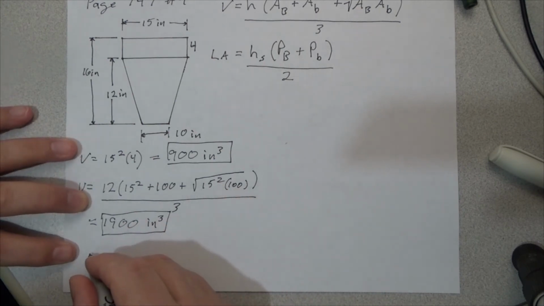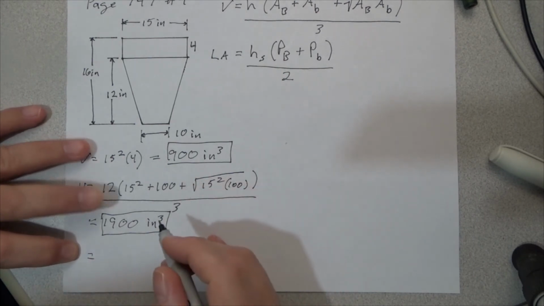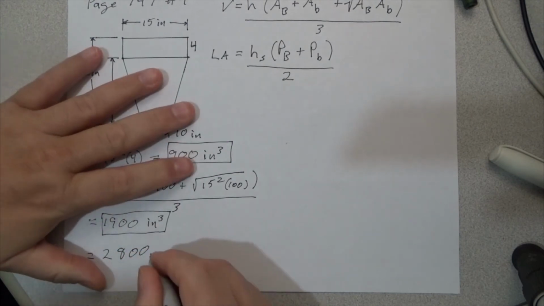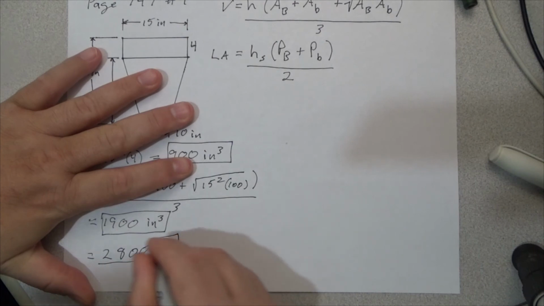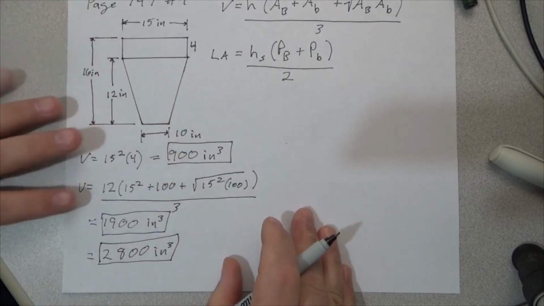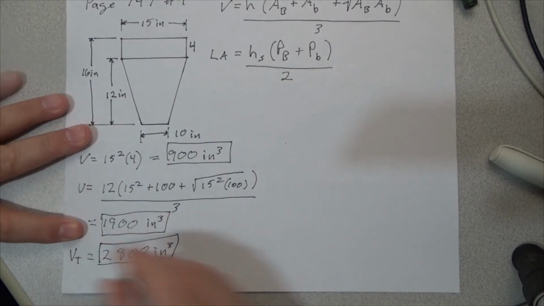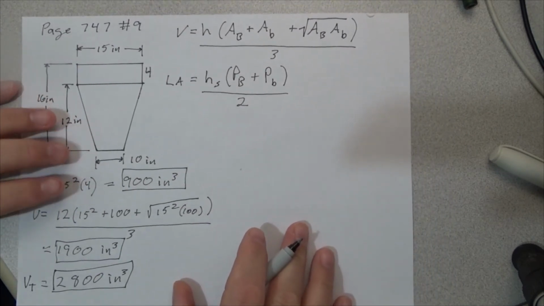So this is, let's see here, 900 plus 1,900, that's 2,800 inches cubed. That is for the volume of the figure, the total volume.